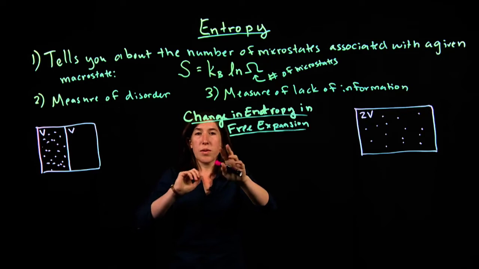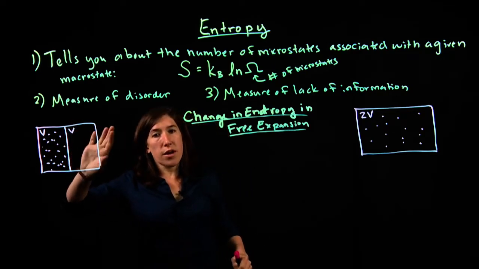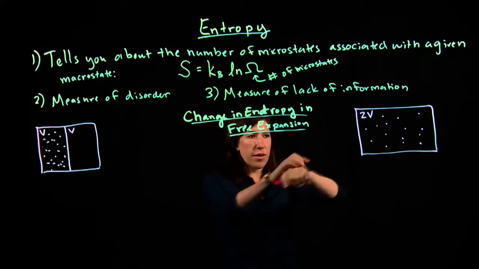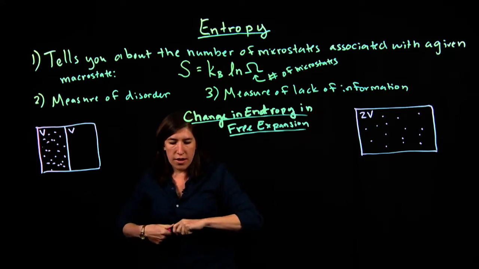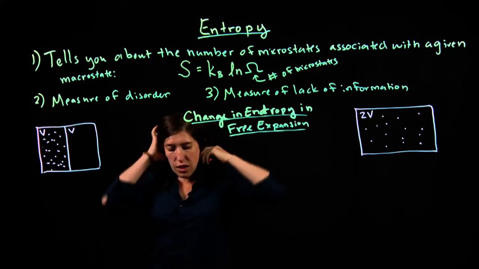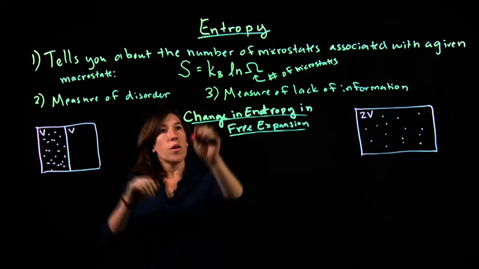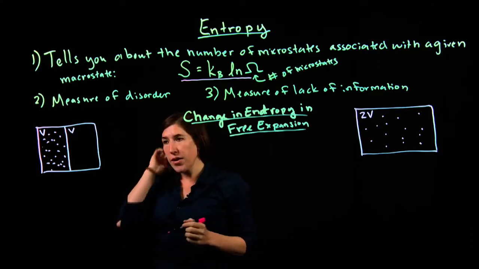What we want to do is compute the change in entropy in going from the state where all of the particles are on one side to the state where they've been allowed to freely expand throughout the entire 2V volume. Okay, so we have our expression for the entropy right here in terms of the number of microstates.